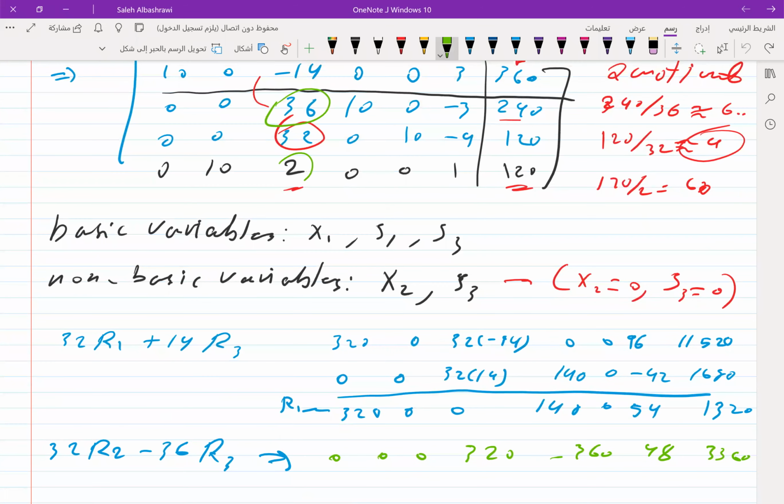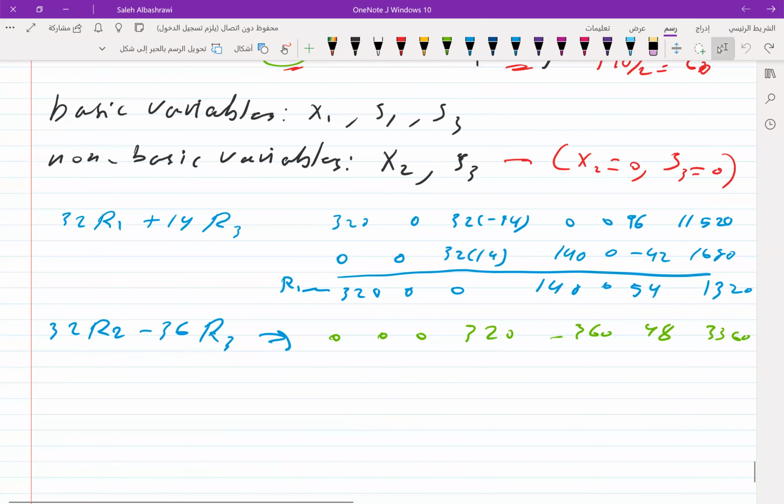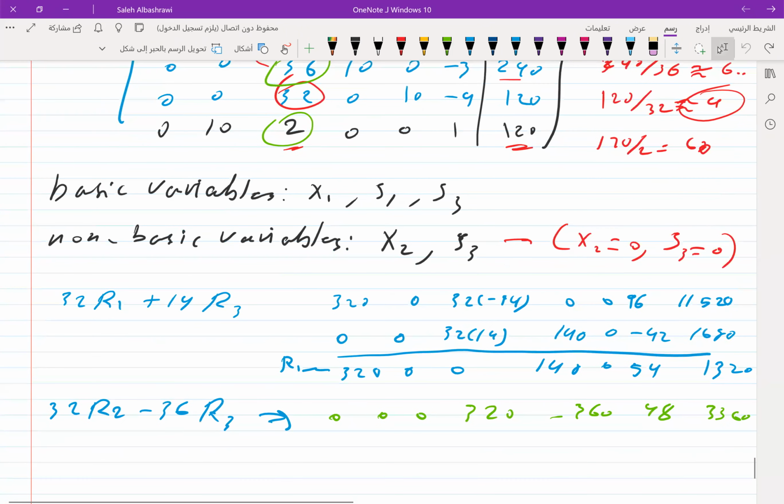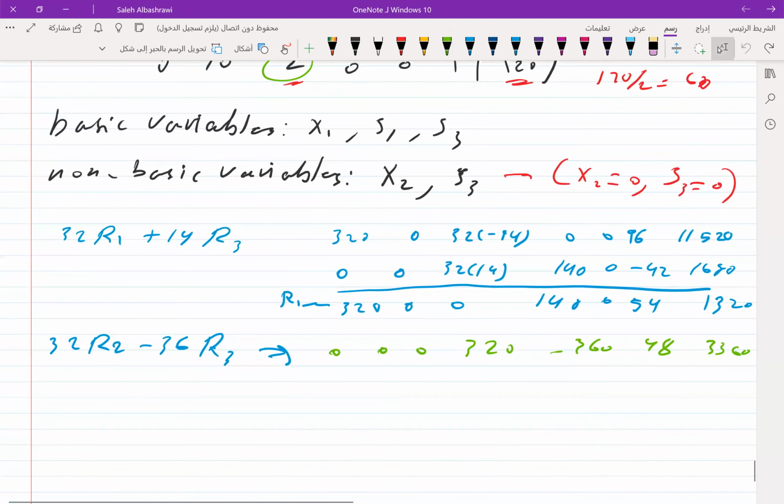For the last one, number 2, just multiply by minus 16 to give me R4.